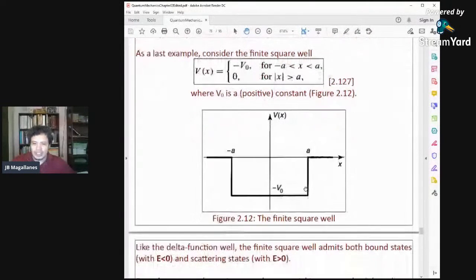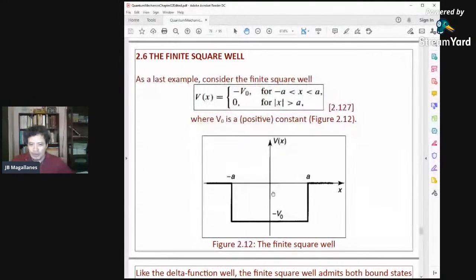So in this case, you can see that when you flip at the y-axis, the potential is an even function.